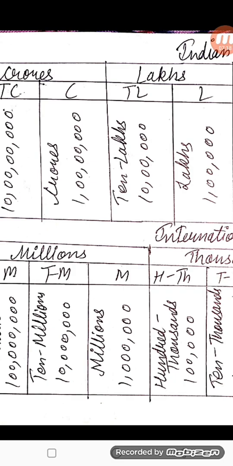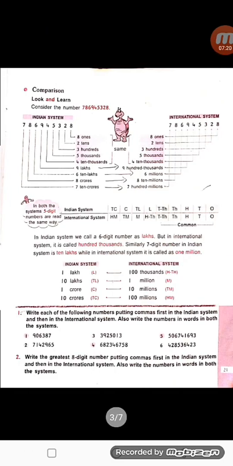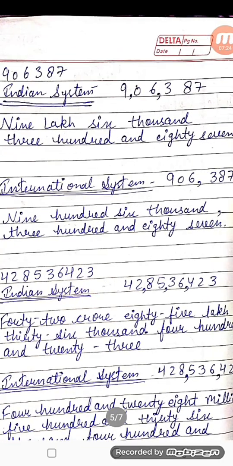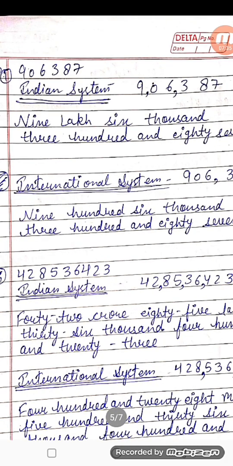So let's start question number 1. In the Indian system, my first comma comes after the first 3 digits, that is 387. After that I take 2 more digits and place a comma.